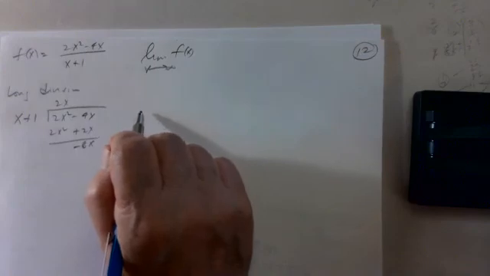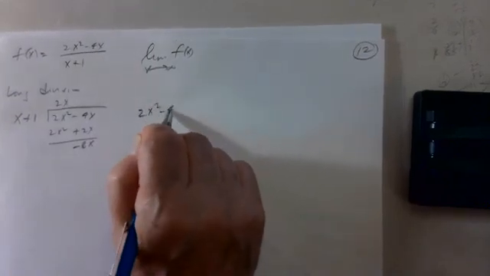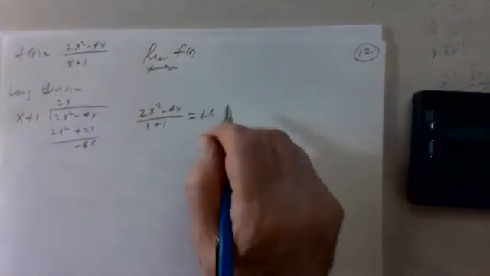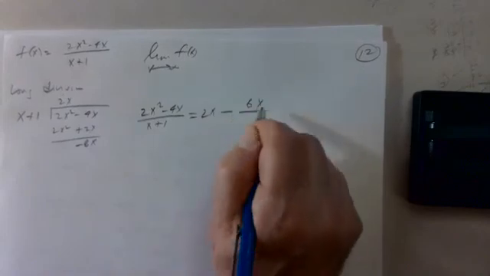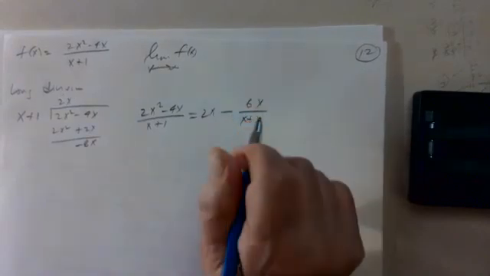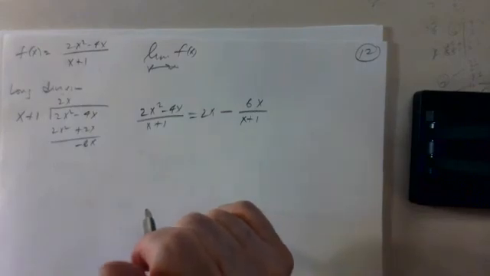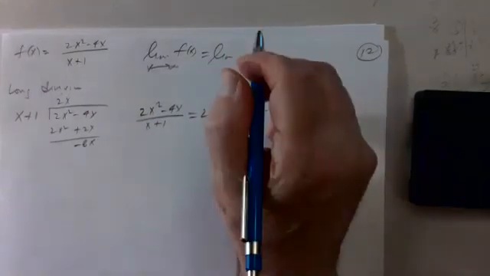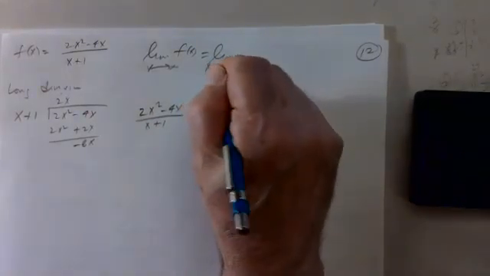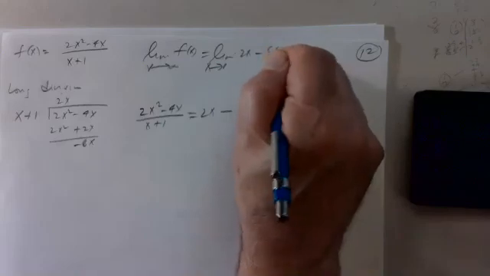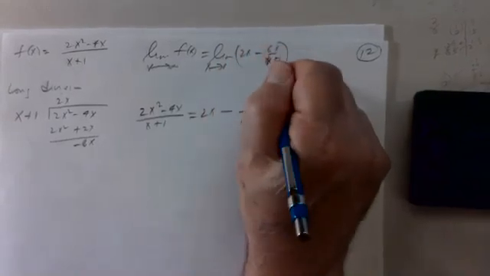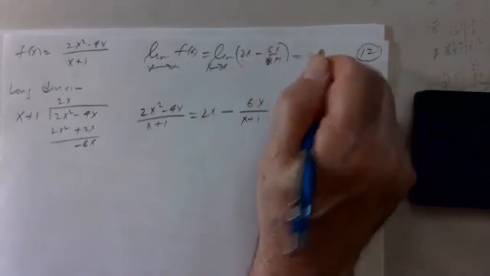So what that says is that 2x squared minus 4x over x plus 1 is equal to the quotient 2x, and the remainder is minus 6x. So this is minus 6x over x plus 1. So this is the limit as x goes to infinity of 2x minus 6x over x plus 1. This approaches 6, but this is going to infinity.